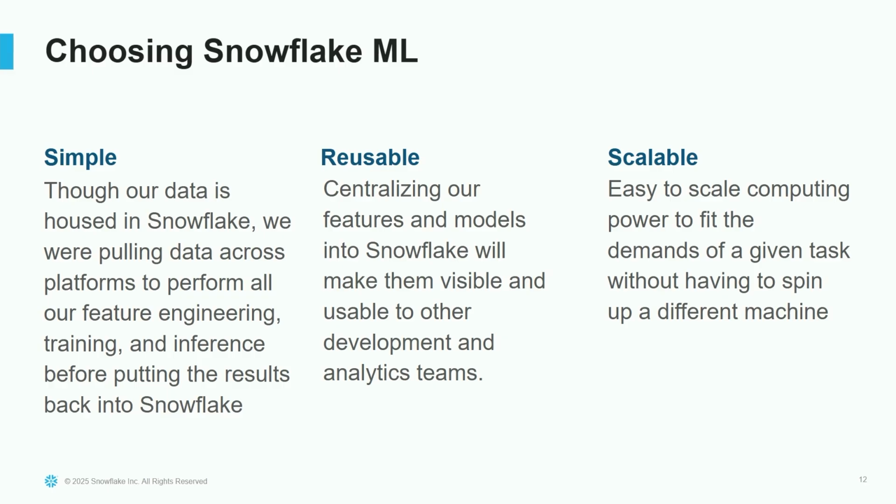Another big thing is the reusability. Because all of our Illuminate analytics teams and other products are getting data from Snowflake, we wanted to be able to surface our work in Snowflake as well and be able to collaborate more effectively. So, we may have created this model for this one product, for this one project, but maybe another product team, because like I said, we have a huge ecosystem of products, maybe they see use in it as well.